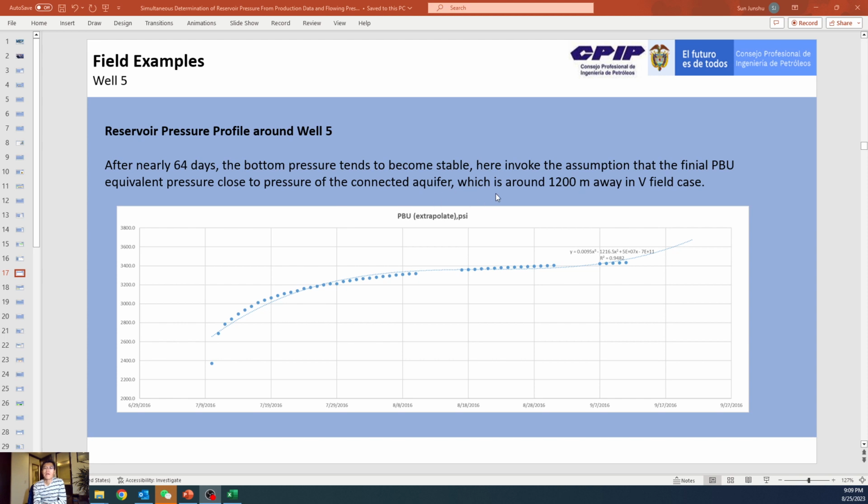The aquifer here is around 1,200 meters away in the V field case. Because the build-up lasts nearly 64 days, at the later stage we can notice the intake pressure becomes quite stable.